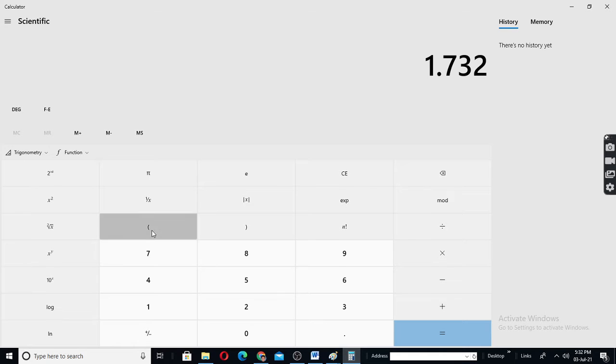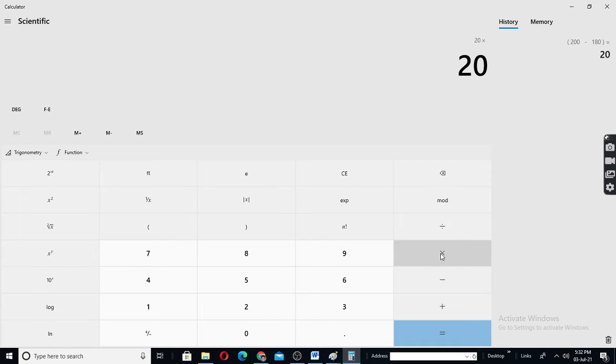Into W1 minus W2. W1 is how much? 200 minus W2 180. Bracket close. Okay, into root 3. Root 3 we have missed.